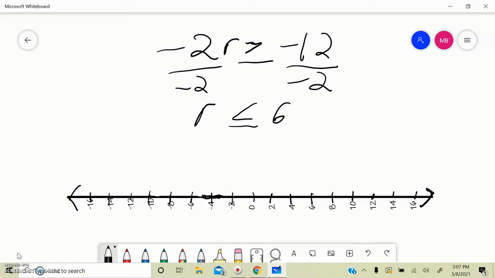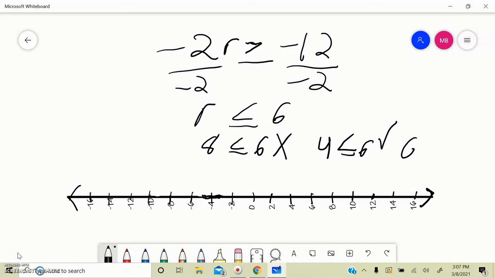So then I'm going to go ahead and look at solving this and figuring out how to graph it. So I'm going to plug in some numbers. 8 is less than or equal to 6. Is that a true statement? No, that doesn't work. Let me try 4 is less than or equal to 6. Does that work out? Yes. Let's do one more.